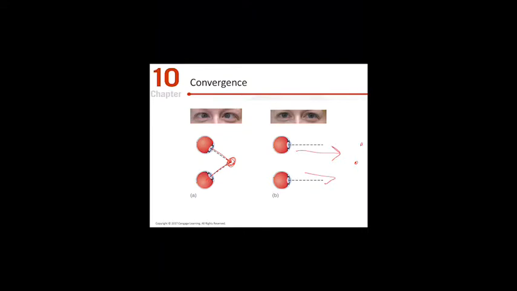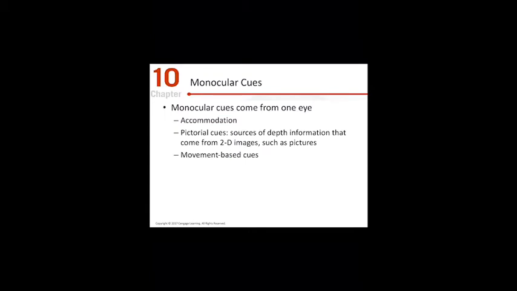Convergence is probably the most effective, more effective, I should say, than accommodation, and it's most helpful up to about arm's length. And then as the object gets further away, we start using different cues. So that's just the basics of the oculomotor cues.